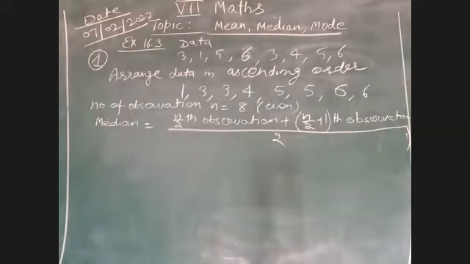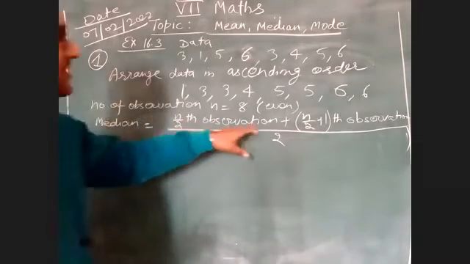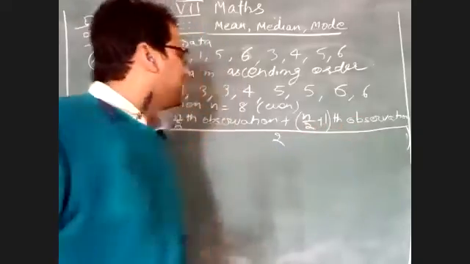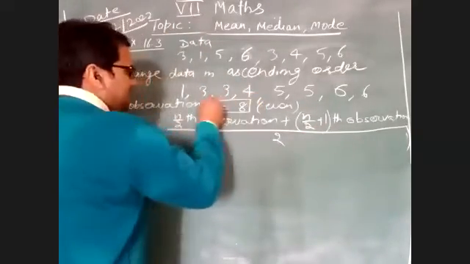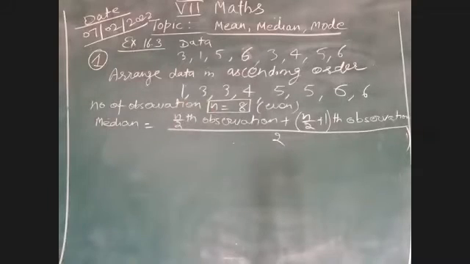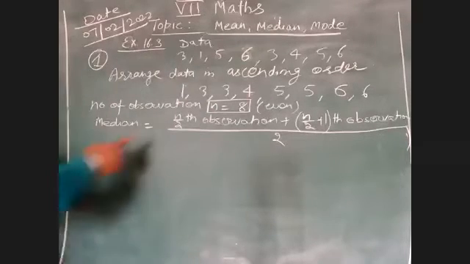Are you getting this point? So n by 2th observation plus (n by 2 plus 1)th observation. As you know that n is even, you have to put the value here.